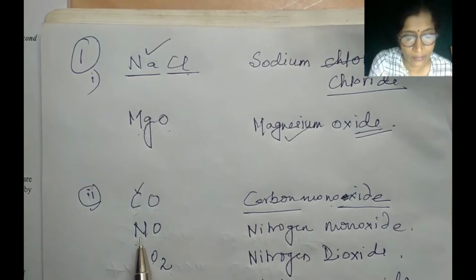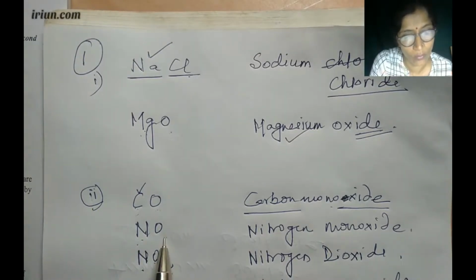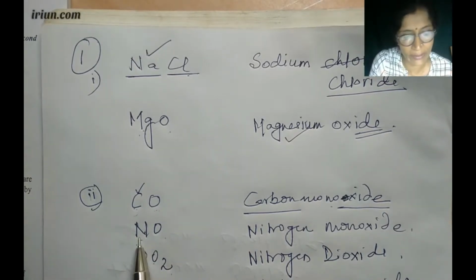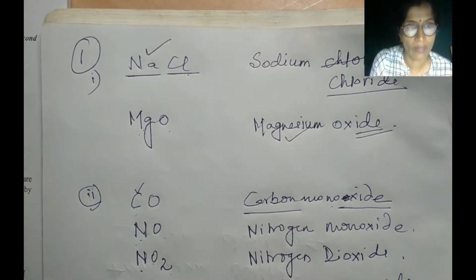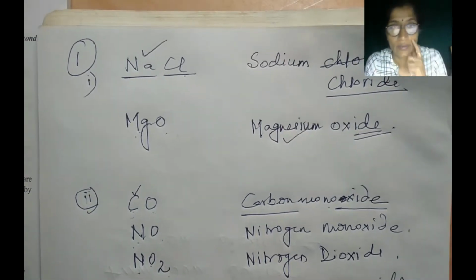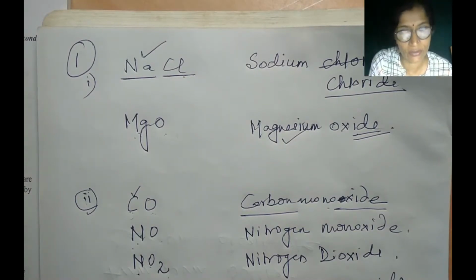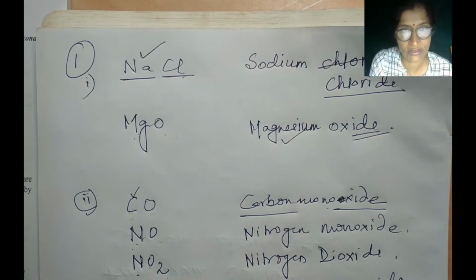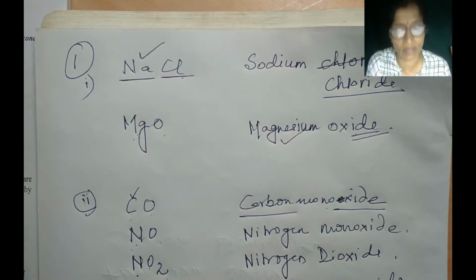But when again nitrogen and oxygen are there, why am I not writing ON? Why am I writing NO? I can write ON, but I'm not writing ON. I'm writing NO. Again NO2. Why? Because the element which has the minimum number of valence electrons, that we have to write first, and then after that we will write the element which has more valence electrons.